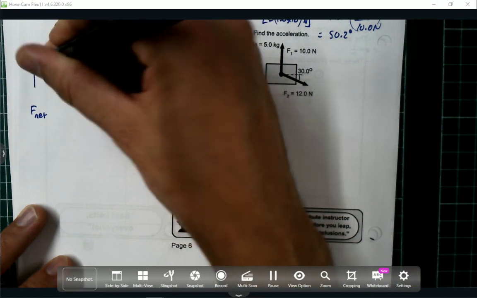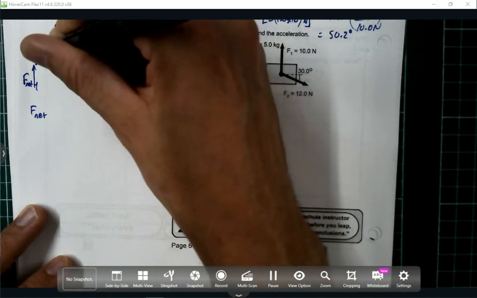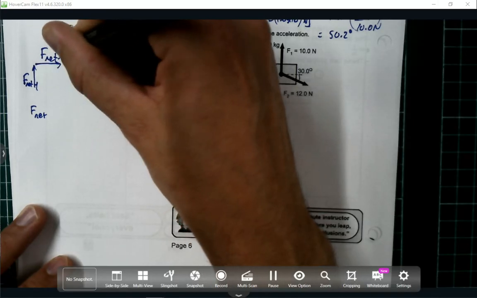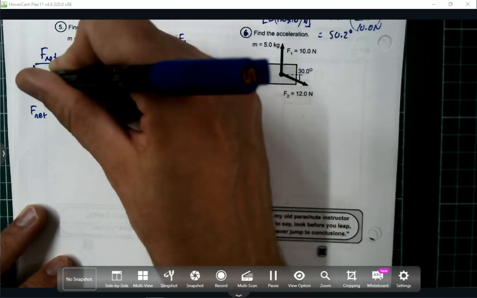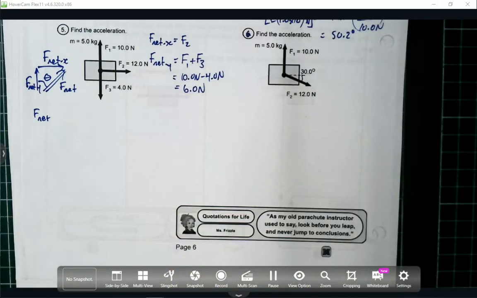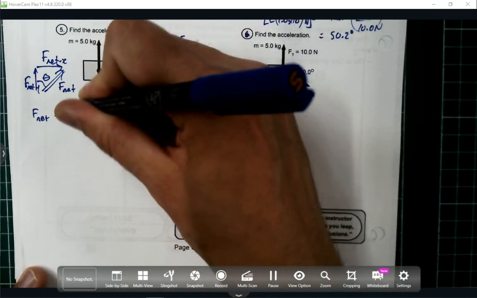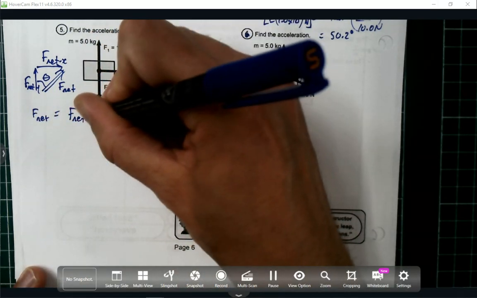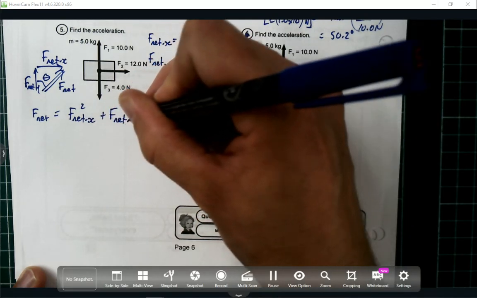You can say we've got the F net y, the F net x, F net, and what we're trying to do is find the magnitude of the hypotenuse and the direction in which it's pointing. And so F net's going to be F net x squared plus F net y squared.